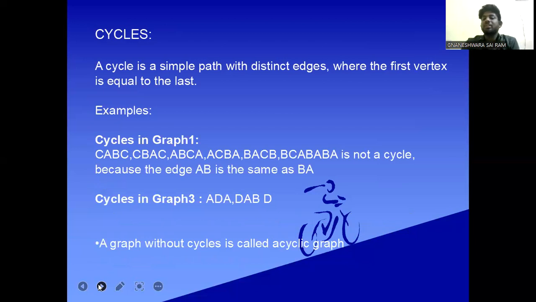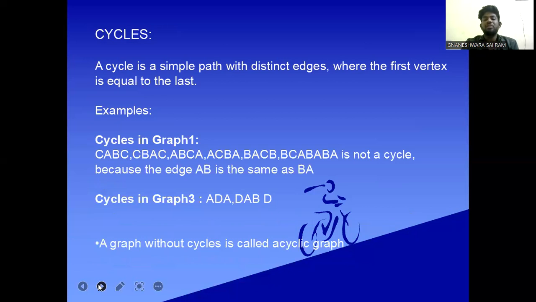Cycles. A cycle is a simple path with distinct vertices where the first vertex is equal to the last. Example, cycles in graph 1: CABC, CBAC, CABCA, ACBA, BACB, BCA.